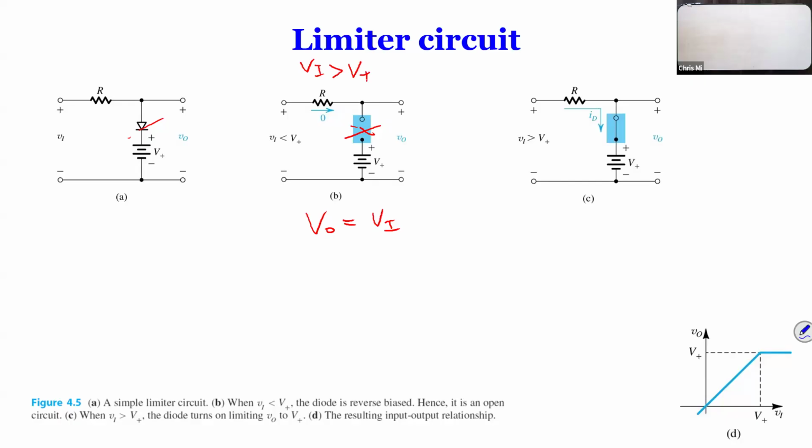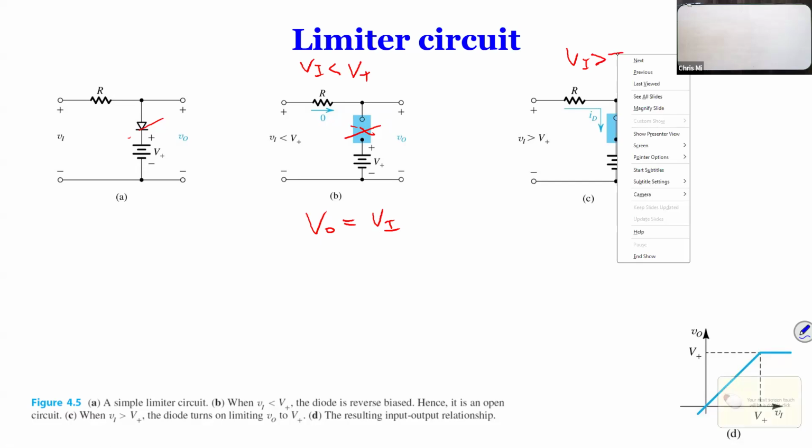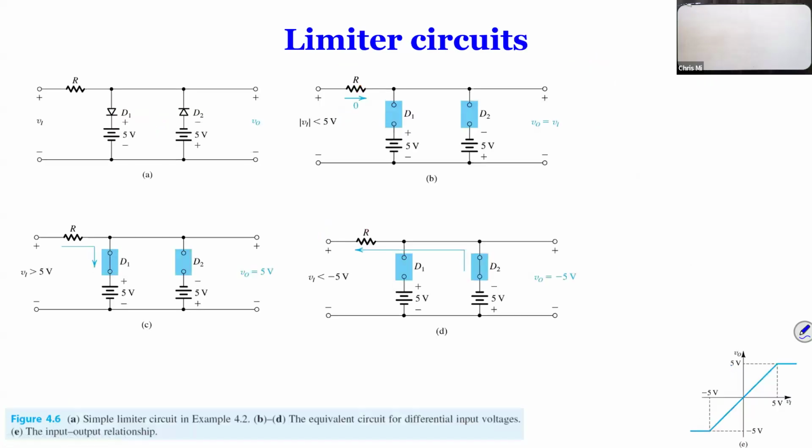Okay. Oops, I did it wrong. Vi less than V plus. So if Vi is larger than V plus, what happens now?